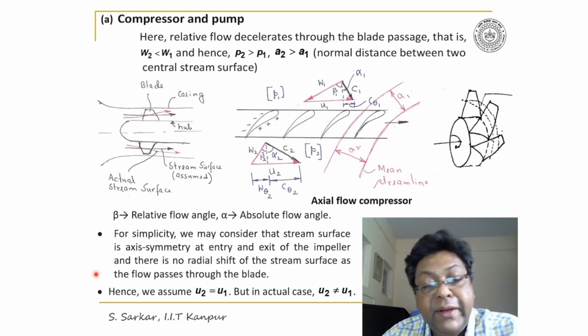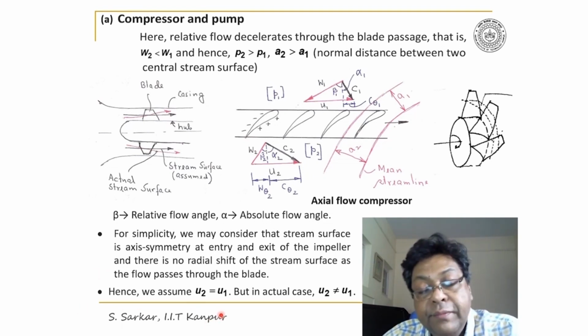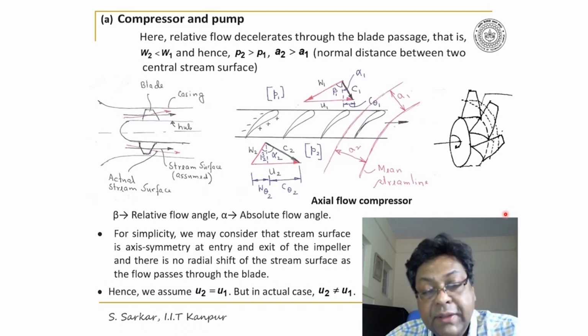And if we neglect the radial shift, then U2 must be equal to U1, where U is the blade speed. Further, I have considered a mean stream surface.